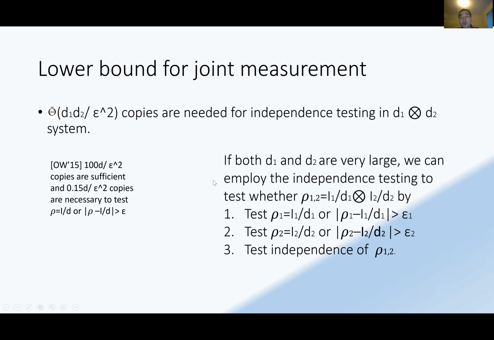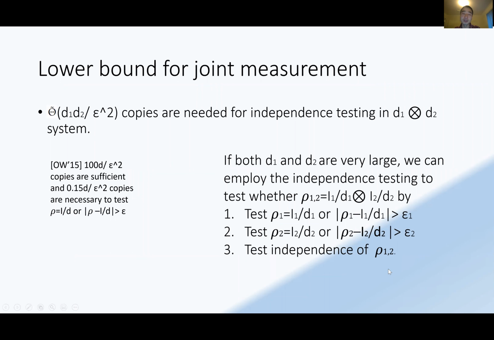So if both D1 and D2 are very large, we can employ the independence testing to test whether rho 1, 2 is I1 divided by D1 tensor I2 divided by D2 by first testing whether rho 1 is I1 divided by D1 or rho 1 minus I1 divided by D1 is greater than epsilon 1, and then testing whether rho 2 equals I2 divided by D2 or rho 2 minus I2 divided by D2 is greater than epsilon 2.